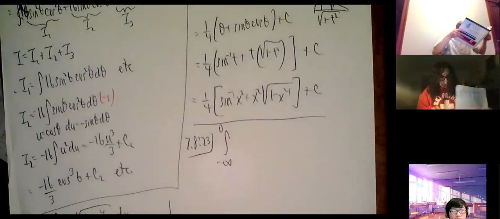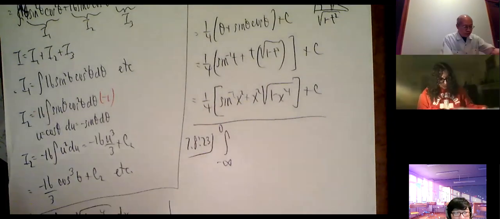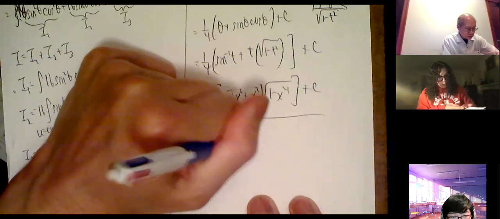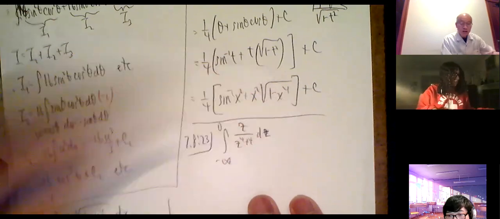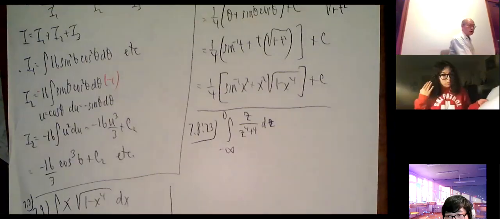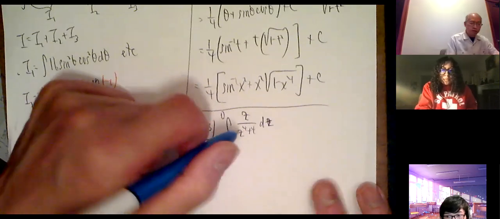Infinity is 0. z to the 4th plus 4 dz. Okay, I think we're going to play the same game of making this z squared squared.